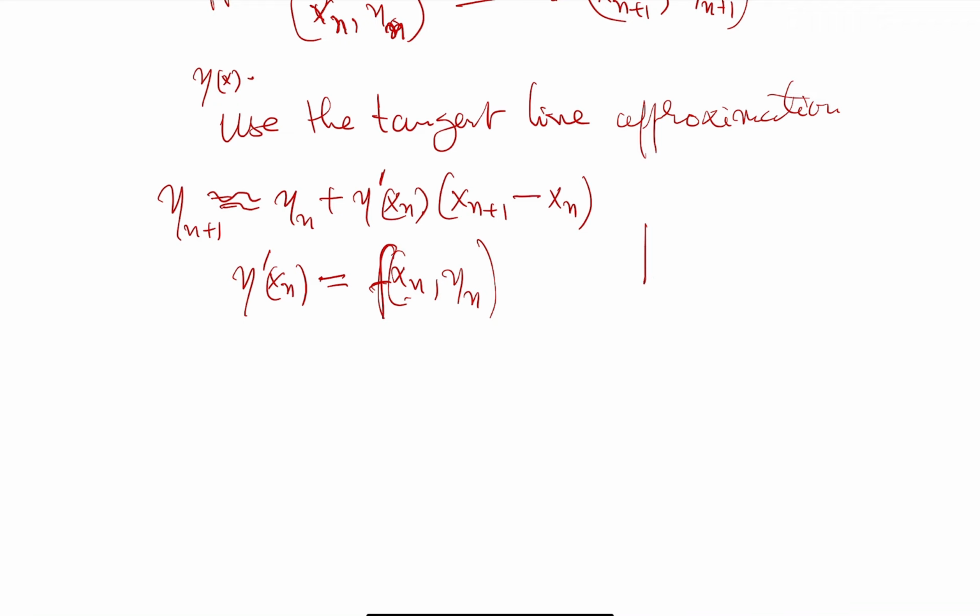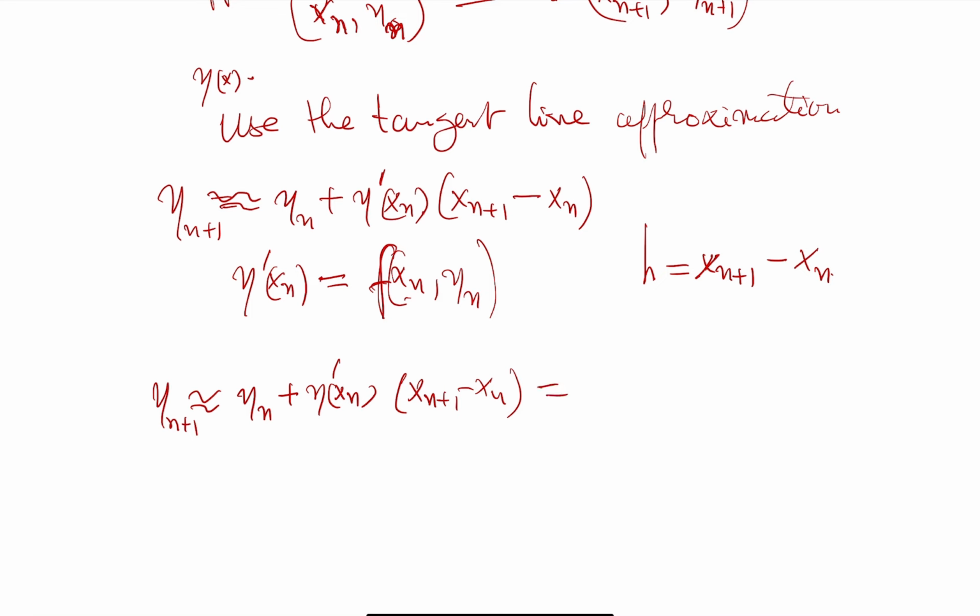And remember also h is just xn plus 1 minus xn. That's h. So if you substitute here, we will end up having yn plus 1 is approximately equal to yn plus yn prime times (xn plus 1 minus xn).